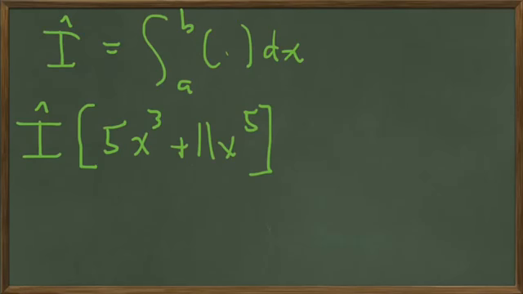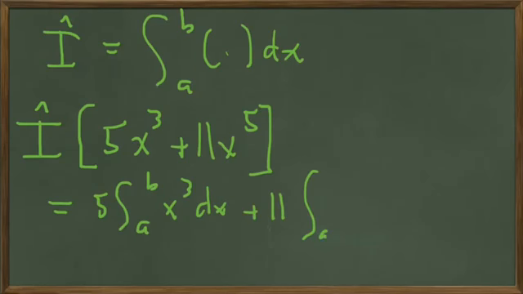So we can actually use the same example, the integral operator I acting on 5x cubed plus 11x fifth, the same function set that we used in the last example. That would be the integral between a and b. The 5 comes outside, integral of x cubed, plus 11 comes outside, integral a to b of x to the fifth.